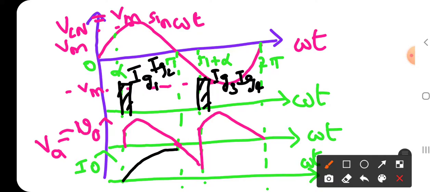And from pi to pi plus alpha, the output current decreases, that means the inductor discharges its energy. Again, from pi plus alpha to 2 pi, the inductor stores the energy. Again, from 2 pi to 2 pi plus alpha, it discharges the energy. So this is how we have the output voltage, output current, input voltage, and the gate pulse waveforms.